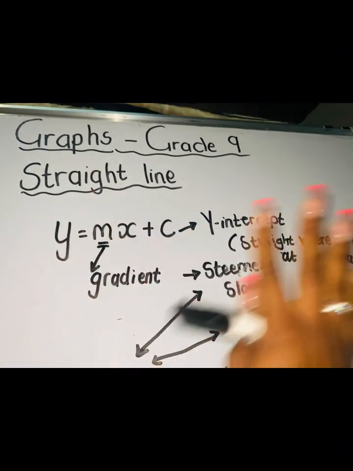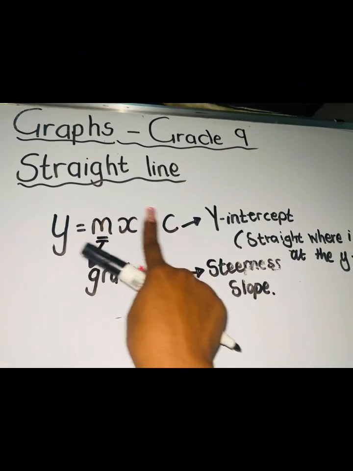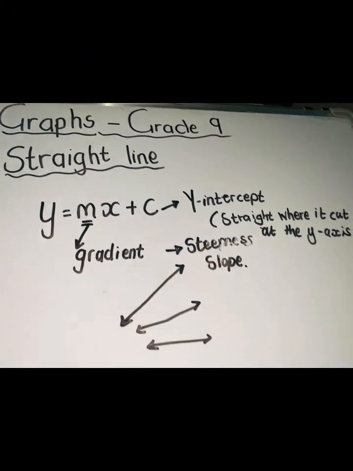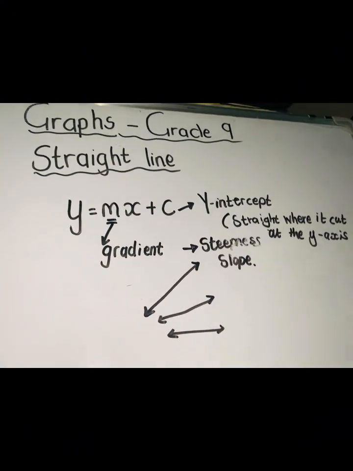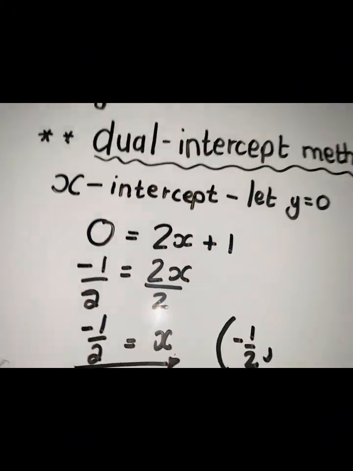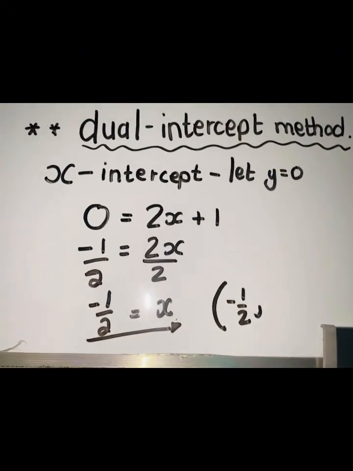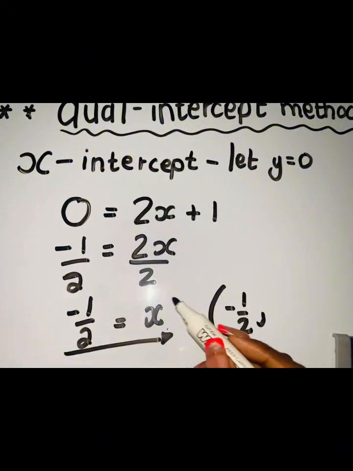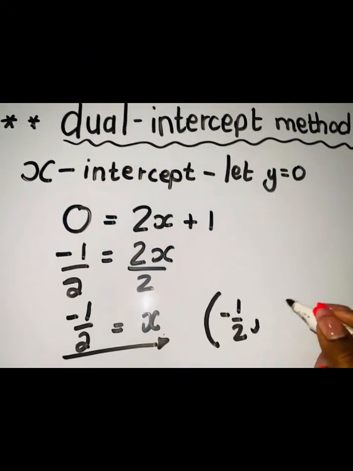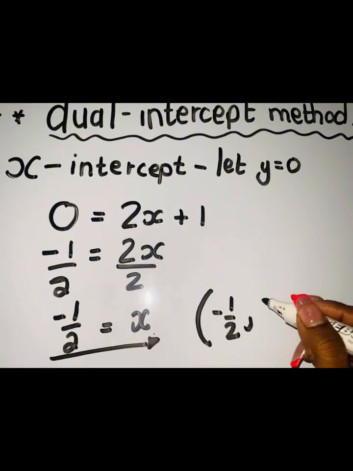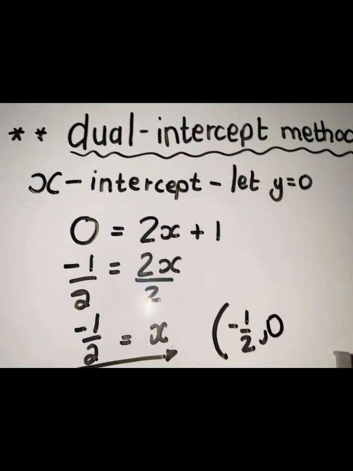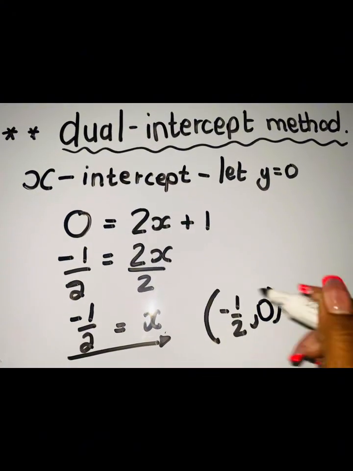The x and y, you're used to them. These are the new variables that you're not used to, but now you'll see what happens. Right, guys, so we're looking at the x-intercept. Apologies. So when x is equal to a half, then y is equal to 0, because we let y equal 0 for us to get the x-intercept.